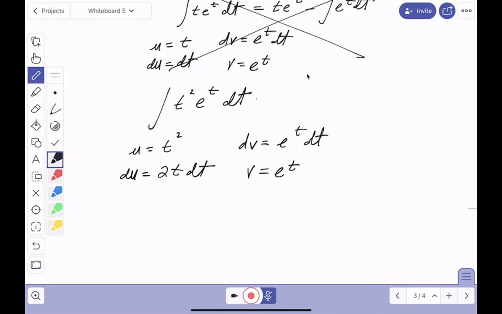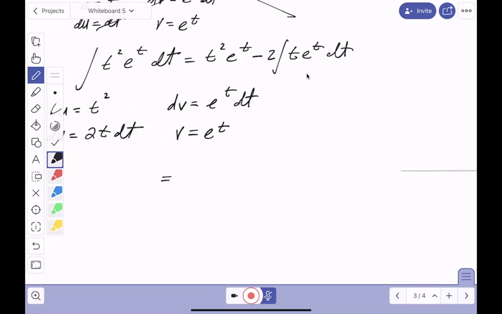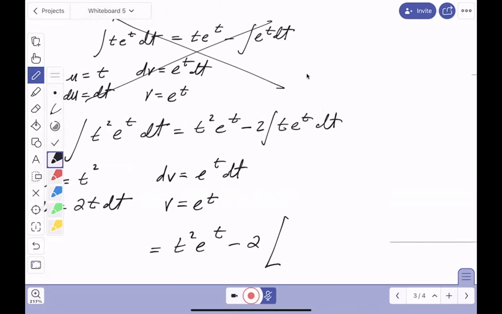Well, let's write that down. So you get t squared e to the t minus the integral of 2t e to the t dt. Well, you know what? We just did that. So let's write that down now. What are you going to get? t squared e to the t minus 2 times, and what was it?